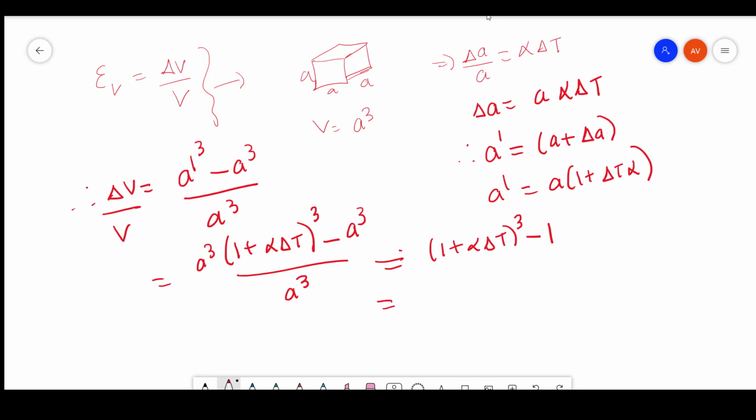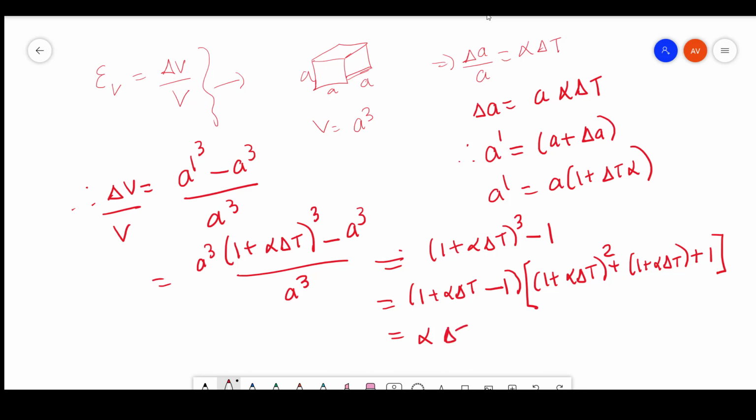Solving further, you get (1 plus alpha delta T minus 1) into, using the a cubed minus b cubed formula, (1 plus alpha delta T) whole squared plus 1 into (1 plus alpha delta T) plus 1 squared.